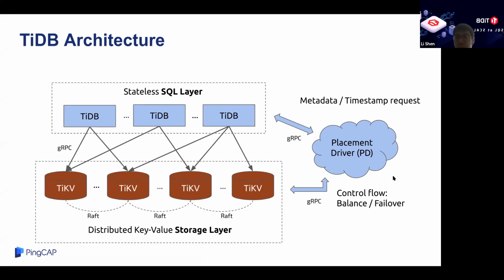And on the right side is the placement driver. We call it PD for short. The PD stores the metadata of the TiKV storage engine and controls the whole storage cluster, for example, for load balancing or failover. Yeah, so this is the overall architecture.